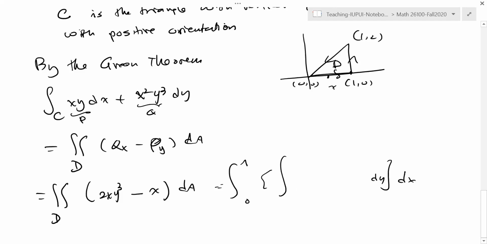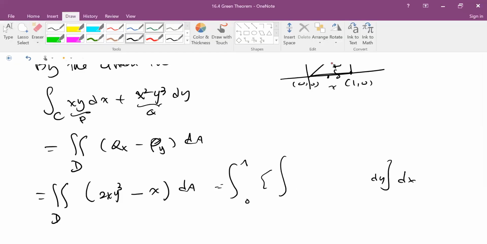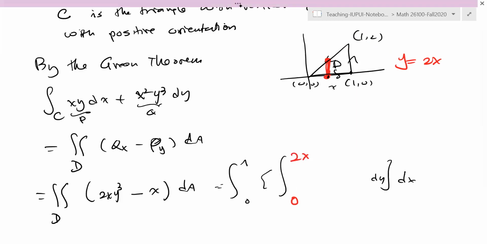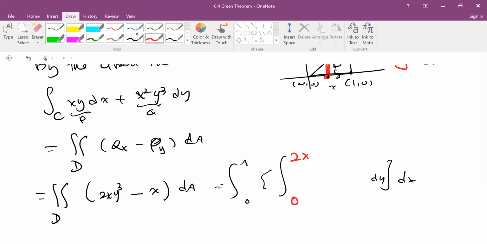Clearly the lower bound for y along this vertical line is still 0. Now the trouble is the upper bound, but you can look at the equation of this line. The equation of this line is y equals 2x. So the upper bound for y will be 2x for the fixed x.